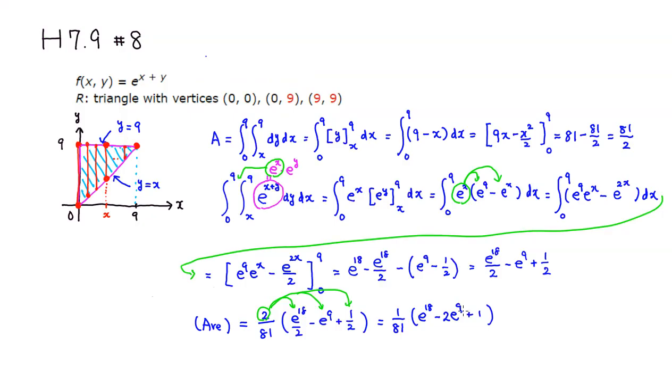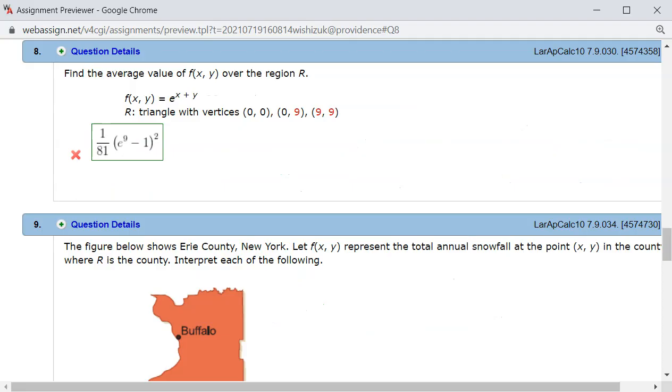As you can see, this is equivalent because we can complete the square. e to the 18 is e to the 9 squared, minus 2 times e to the 9 times 1, plus 1 squared. If you multiply out, you get exactly the same thing. So therefore, we got the same answer. All right, that's it. I hope that this was clear.